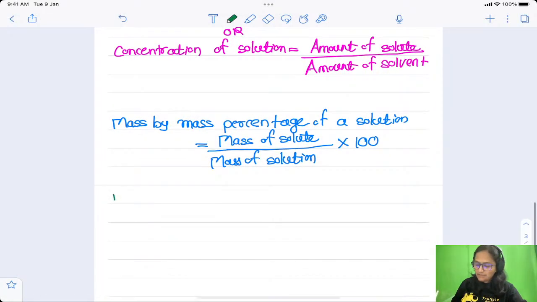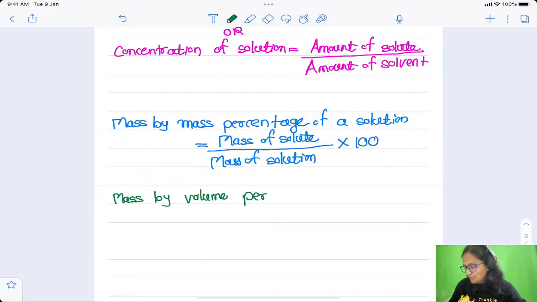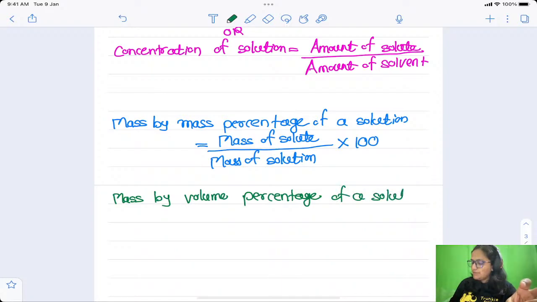It is mass by volume percentage. Mass by volume percentage of a solution is equal to, so mass will be in the numerator, volume will be in the denominator.